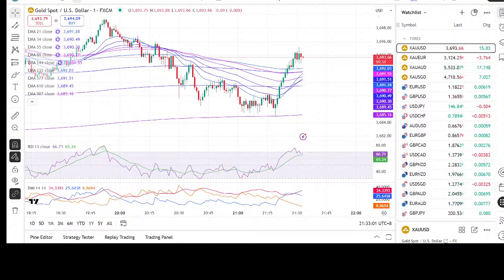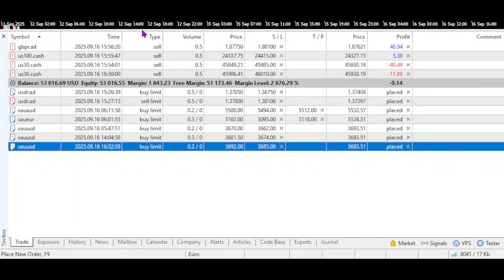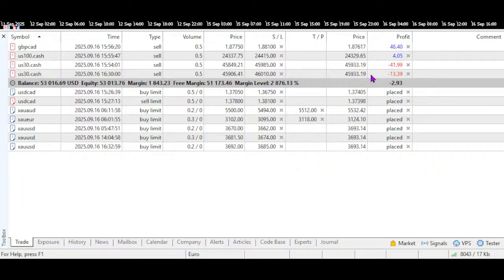Okay, buying at 92, stop at 85. Then I want to go for buying at slightly higher volume, 0.3, buying at 87 and stop at 84.